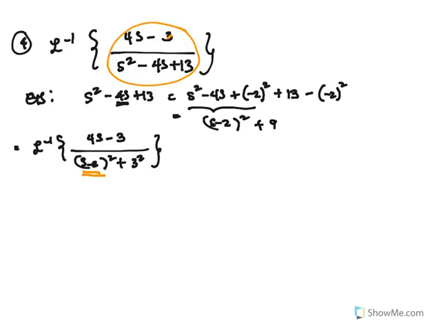So you have here 4s minus 3 over s minus 2 squared plus 3 squared. What we can do is force the numerator to become s minus 2, or bring out an s minus 2. Now, because we have a 4 multiplied there, we have to first factor out the 4.